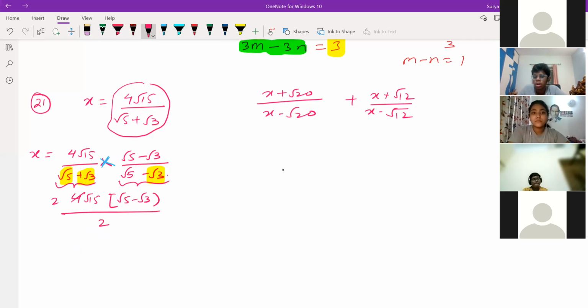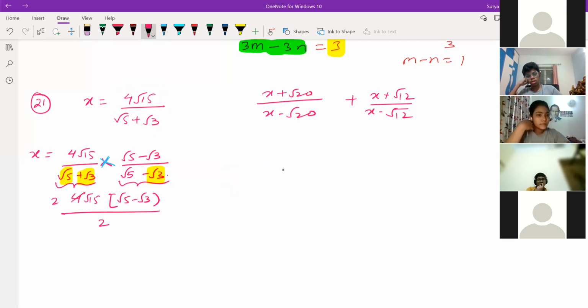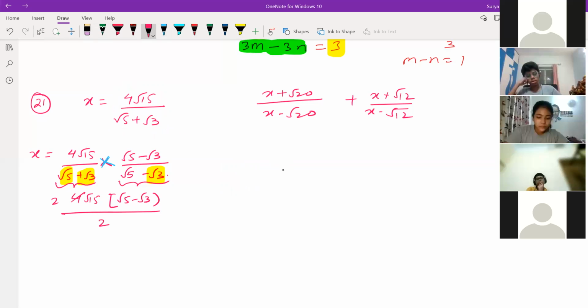Achha, directly value you are saying. We don't know the value of root 5 and root 3, right? For that reason, we are rationalizing this, to remove that root part and get the value of x. Understood, Krishna? If you know the value of root, that's better. Directly put the value and get the answer.